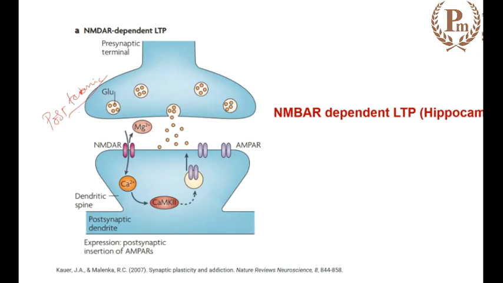Once this calcium gets in, there are so many things that this calcium can do. One such activity is that it can go and bind to calcium-calmodulin kinase protein, or you can say it stimulates the phosphorylation of CaMKI and CaMKII.